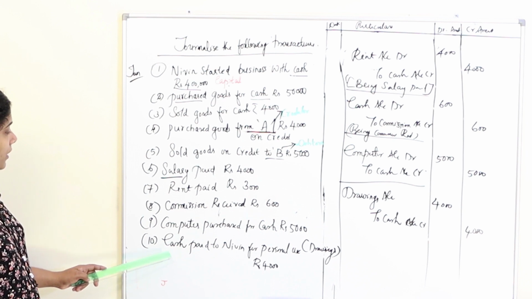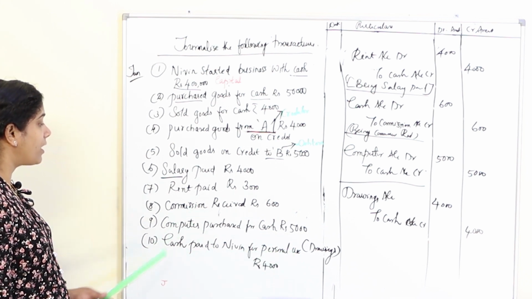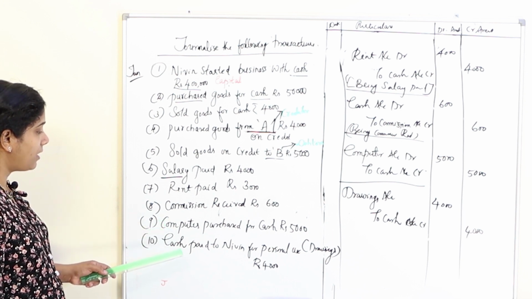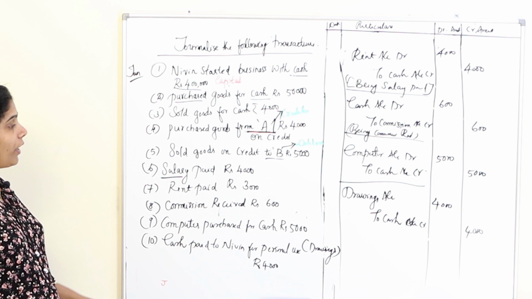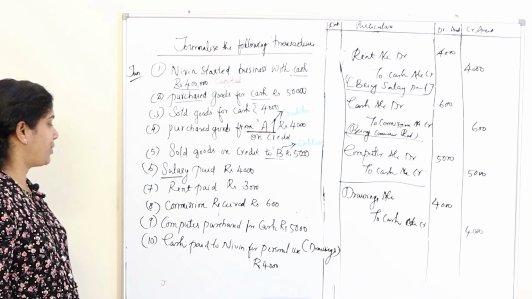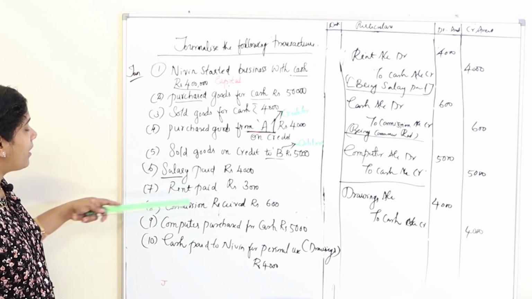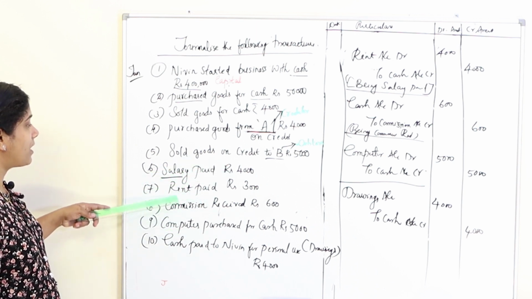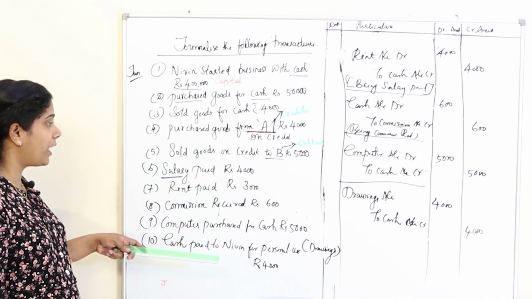And here cash paid to Nivin for personal use. Whenever the owner is taking any cash from the business, we have to debit drawings account because he is drawing for personal use. Then salary paid, rent paid, these are expenses, and we have to credit cash because when we are paying salary, cash is going outside the business.